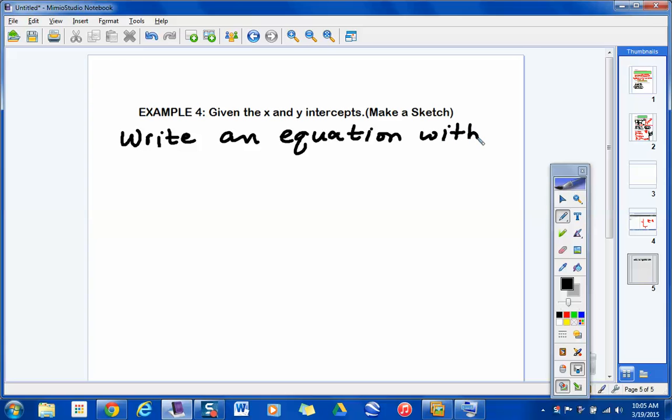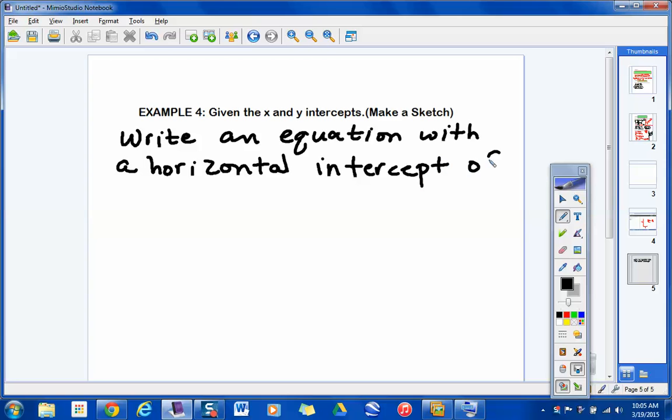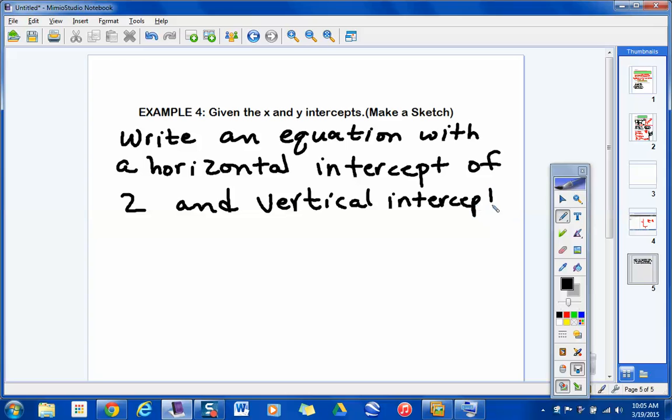With a horizontal intercept of 2 and vertical intercept of, let's just pick, how about 6?